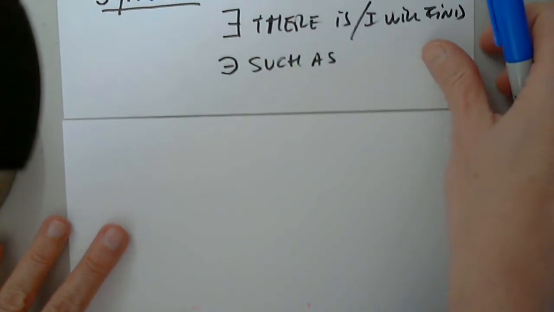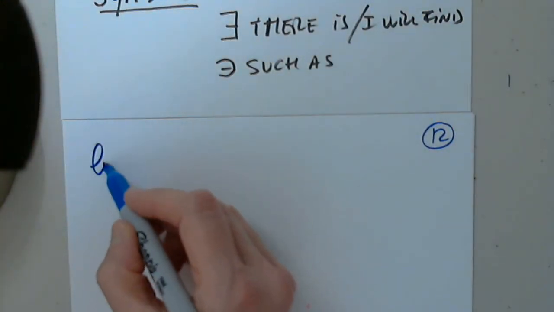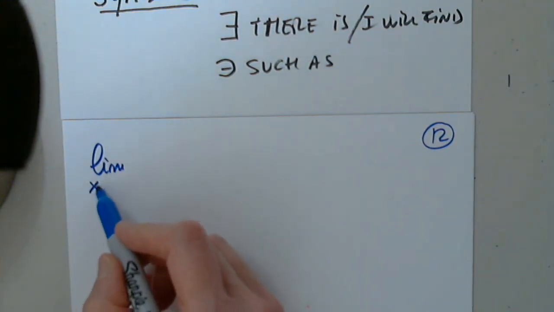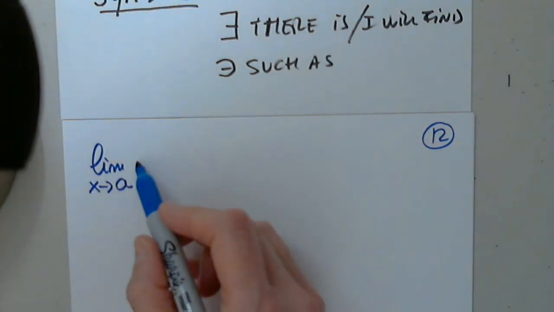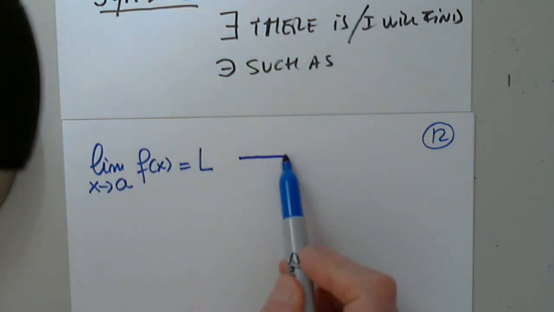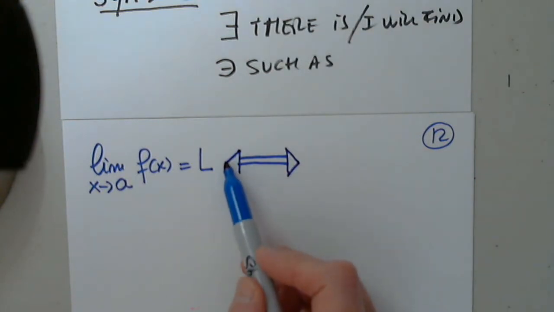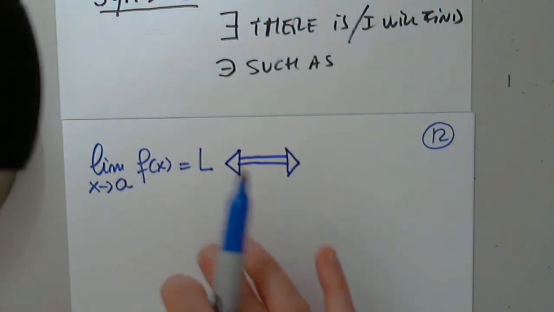So how do we show, and what is the formal definition? The limit, we have to start with this at all times. The limit as x approaches a of f of x is L. The next is a symbol that is the double equivalency symbol. What does this mean?